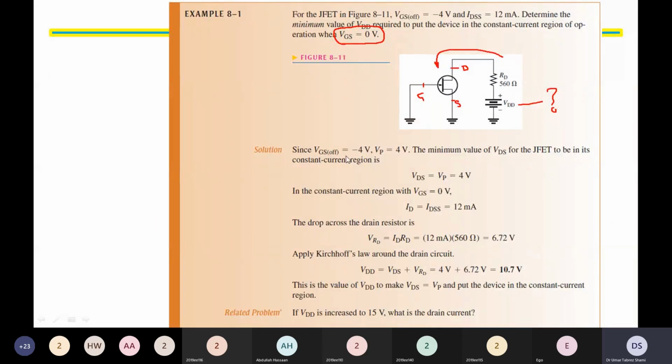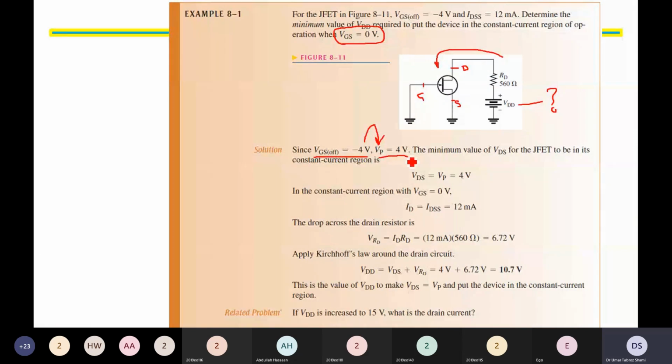Since VGS off is minus 4 volt, therefore VP, the pinch off voltage, is 4 volt. How can we say that?